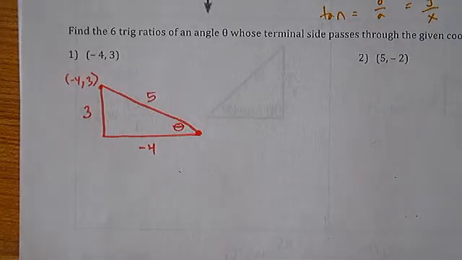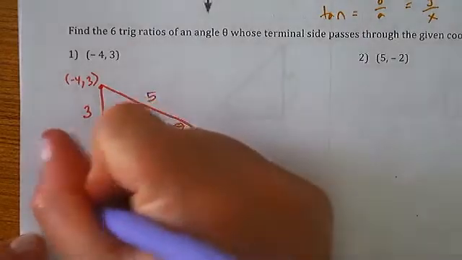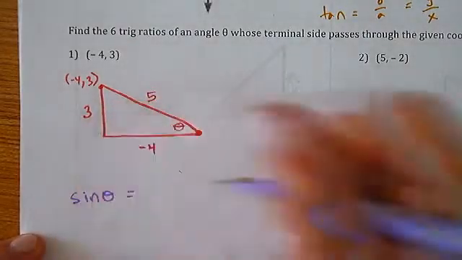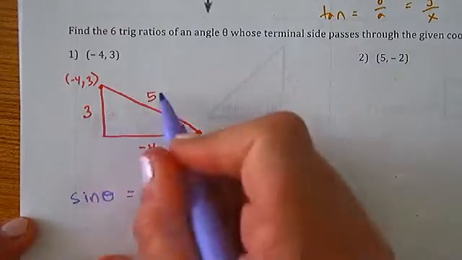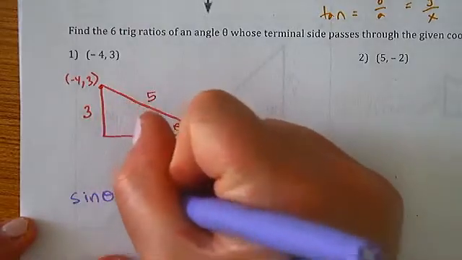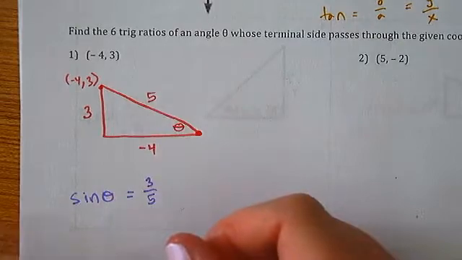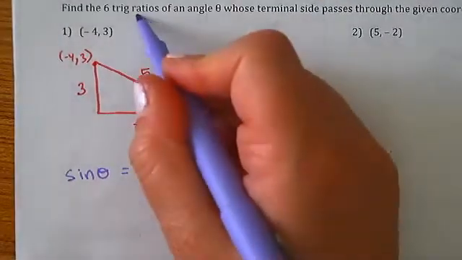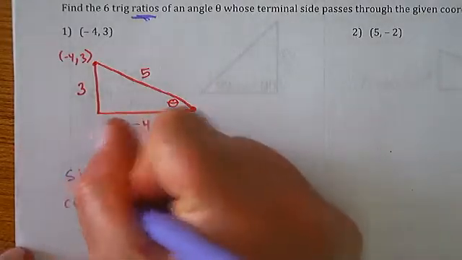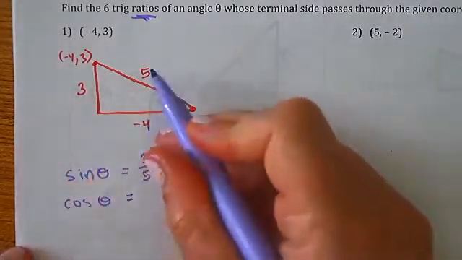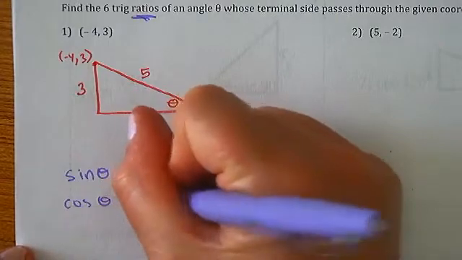So if we want to write the 6 trig ratios, we have sine, which we know is y over r, or opposite over hypotenuse. So that's going to be 3/5, and that's it. They just said to write the ratio, so this is a ratio. Then cosine is x over r, so that's -4/5.